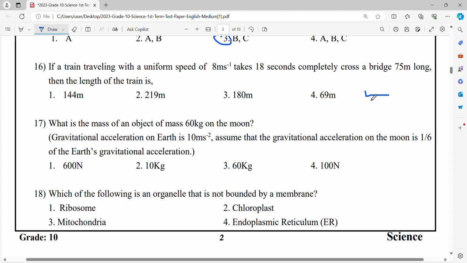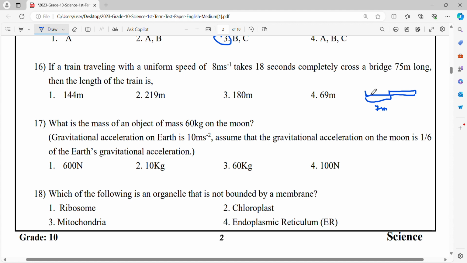Then the end of the train will come here, and this will be the train. This is the bridge. The bridge is 75 meters. This is the train. This is the start when time is counted. So until the end of the train passes, the time will be calculated.